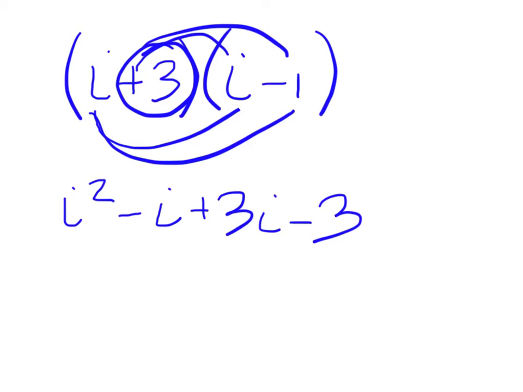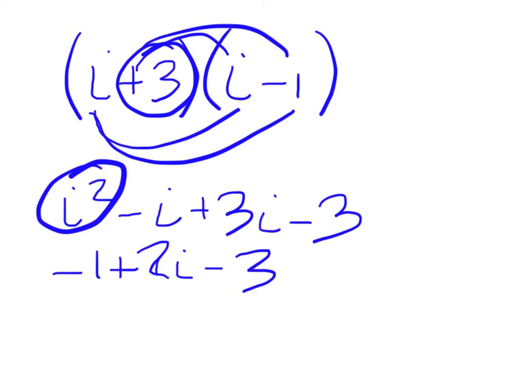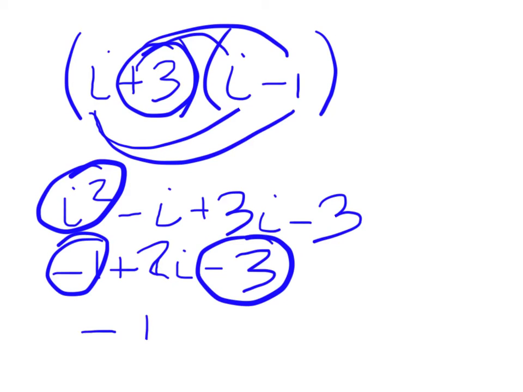Pay attention to the signs when you're multiplying. So I squared is a negative 1, and negative I plus 3I is a positive 2I. Then you have minus 3. So negative 1 minus 3 is a negative 4, and you have plus 2I.